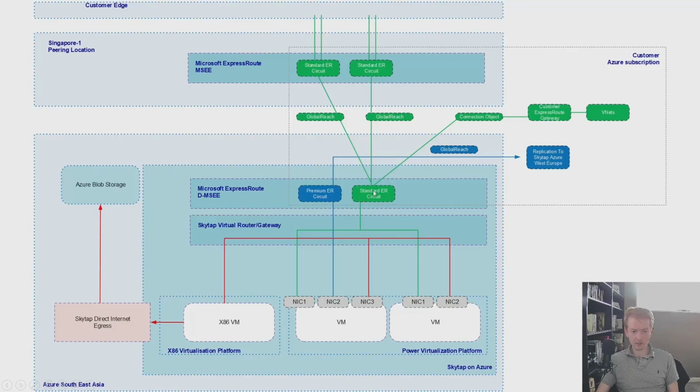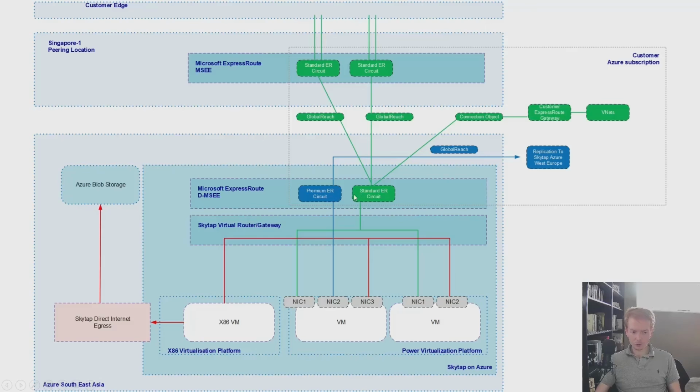In this diagram, I've got a green circuit connecting to on-premises and the customer's Azure VNets, but I've also got a blue circuit, which I'm using for front-end LPAR replication inside of the customer address space, and that's what we talked about a couple of slides back.